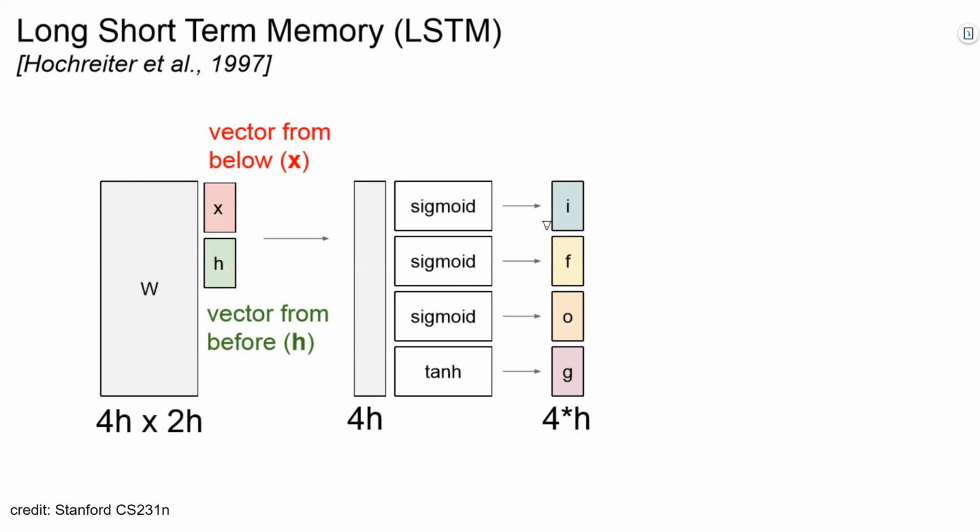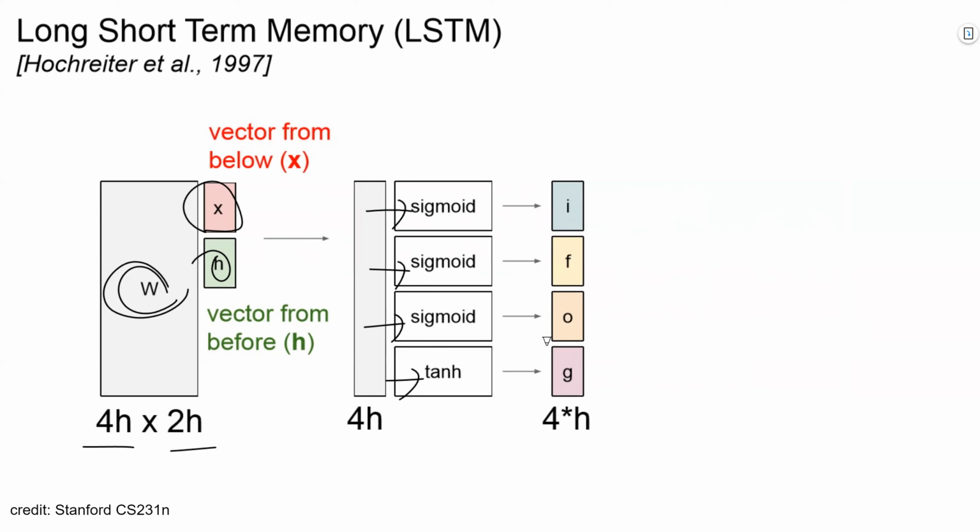What does it mean by 4 gates? These W have a different form, like 4H by 2H. After passing through this matrix, the input and previous hidden state all pass through different activation functions: sigmoid, sigmoid, sigmoid, and hyperbolic tangent.